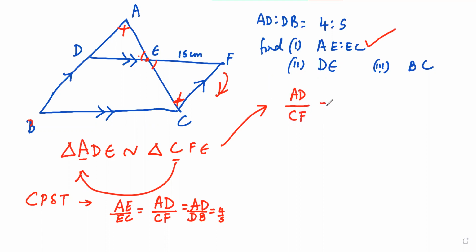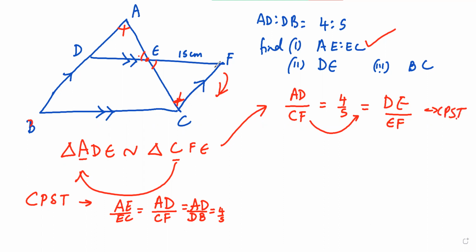AD by CF is equal to 4/5, and AD by CF will also be equal to DE by EF. Yes, because of CPST.